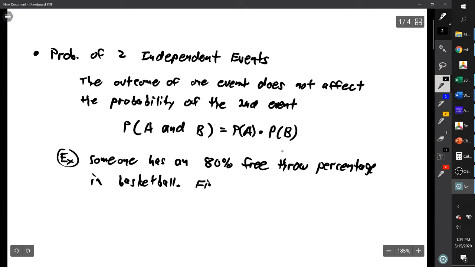Find P of making 3 consecutive free throws.